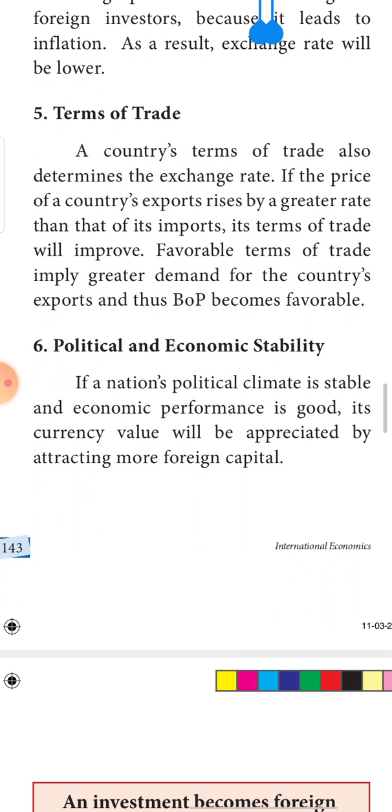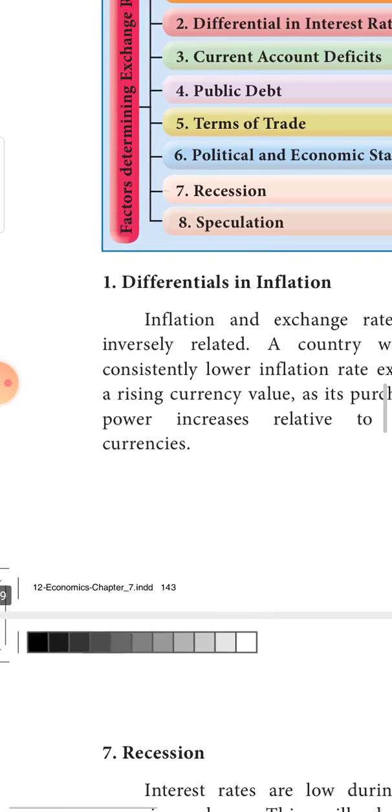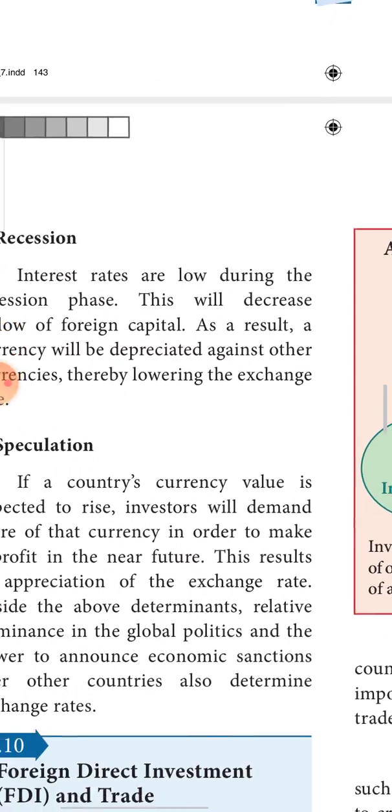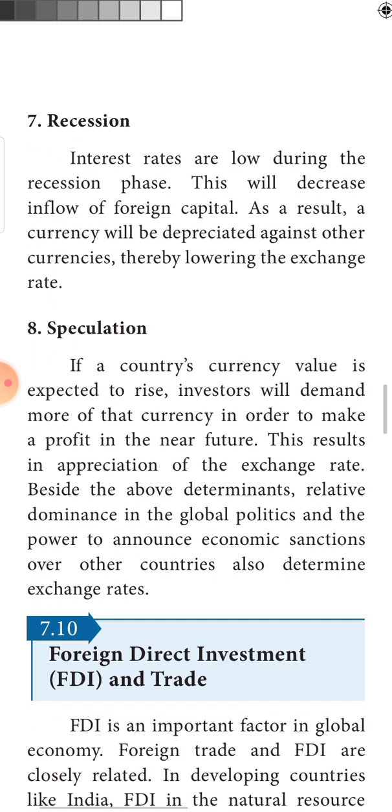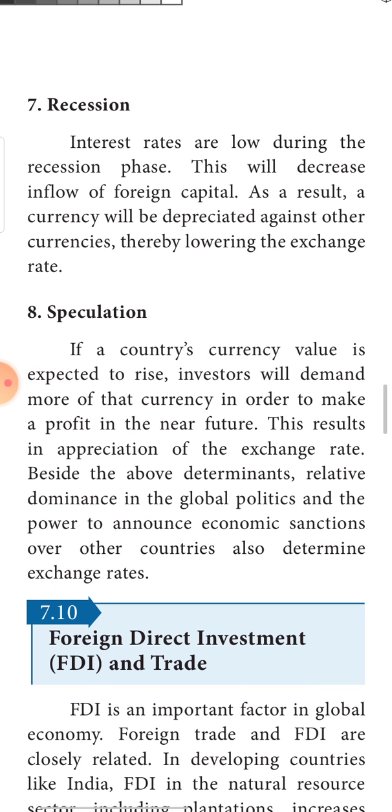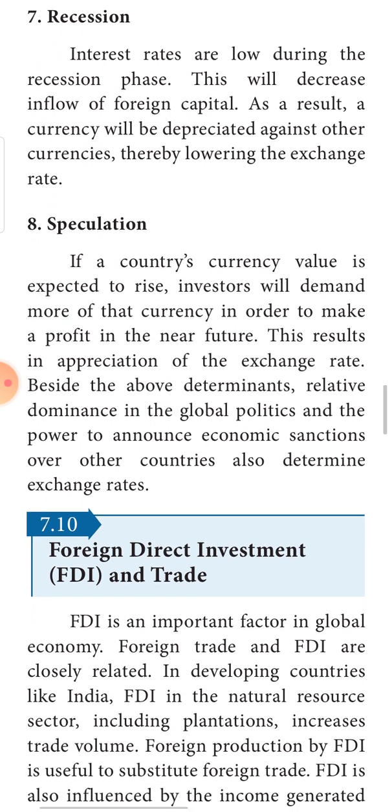If a country has good political stability, if the political situation of a country is very good, if the economic performance of the country is very good, automatically the country's currency will have a good exchange value. Next is recession. Recession is a period marked by low levels of economic activity. When the inflow of capital is less, the currency automatically depreciates. There is a decrease in the value of currencies also.